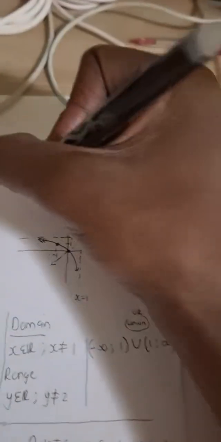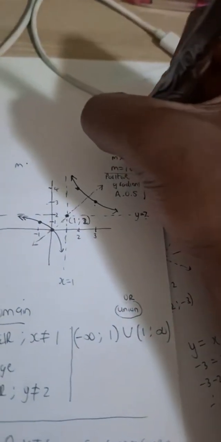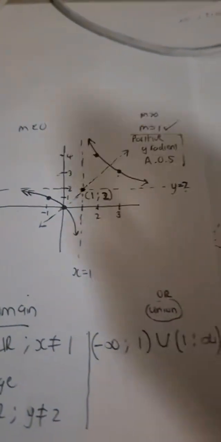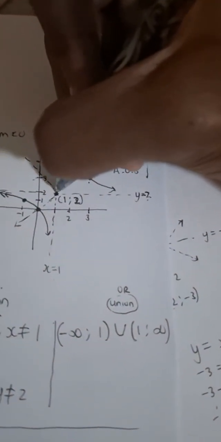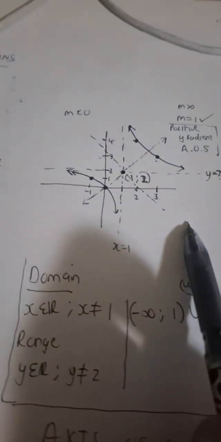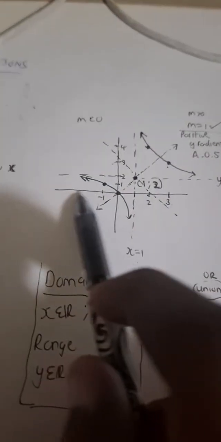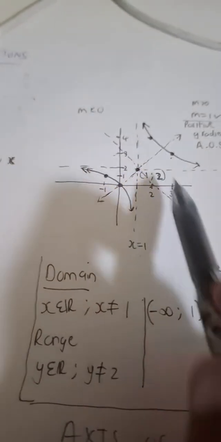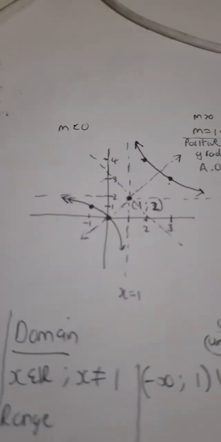If it is a negative gradient axis of symmetry, and we do have a negative gradient axis of symmetry, how does it go? It basically goes like this. You see the slope of the function: this is a decreasing straight line. Why? Because as x increases, y is decreasing.